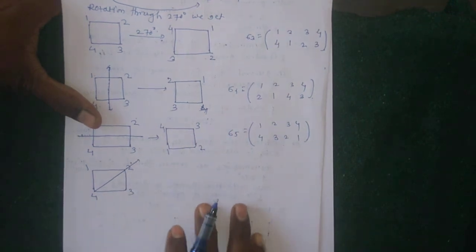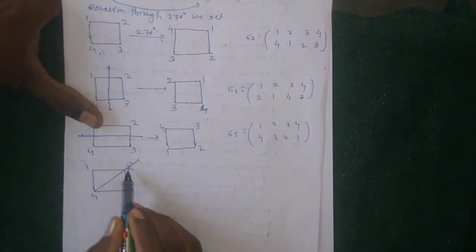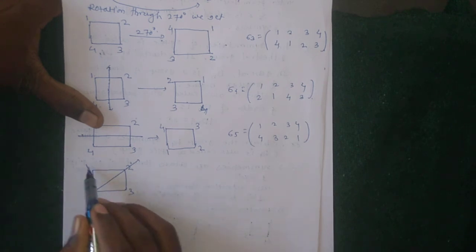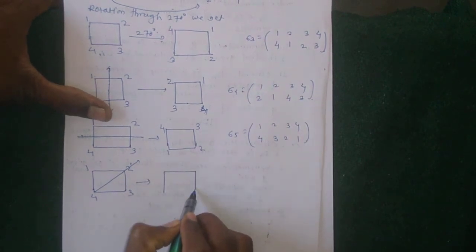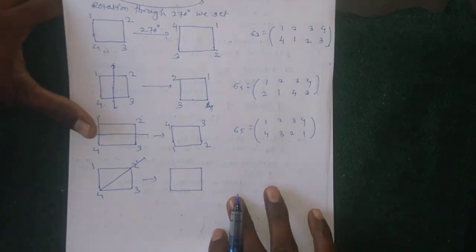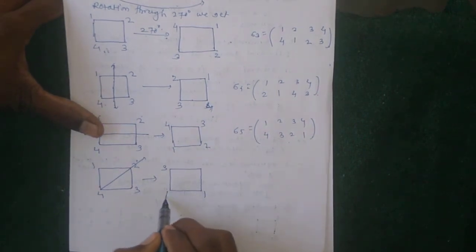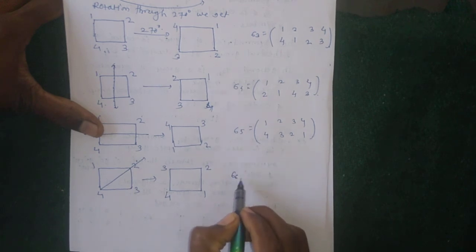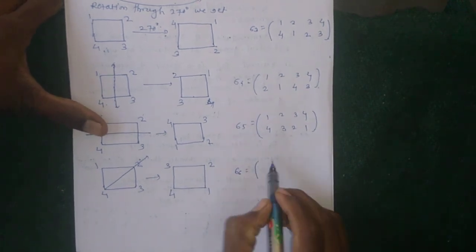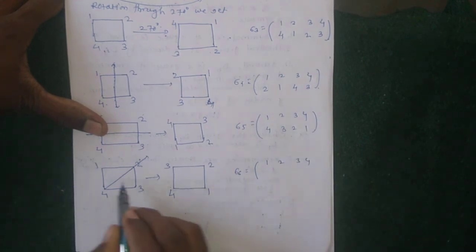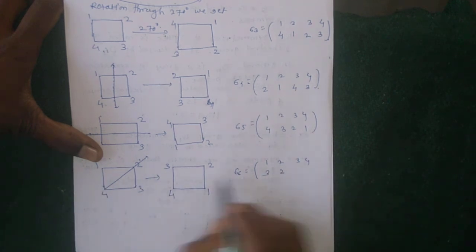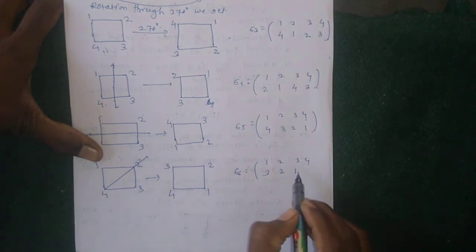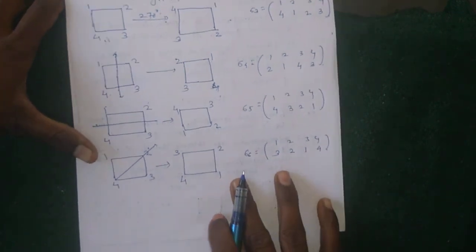Then bisecting this diagonal, only the positions of 1 and 3 change, while 4 and 2 stay as they are. Therefore sigma 6 has value 1 2 3 4, where 1 has value 3, 2 has value 2, 3 has value 1 and 4 has value 4, as it is.